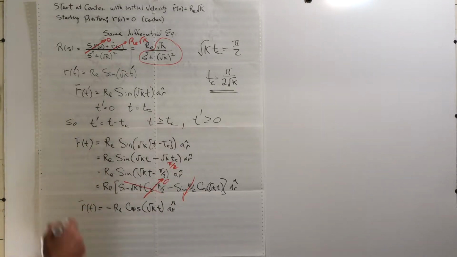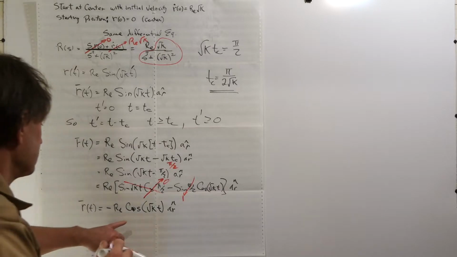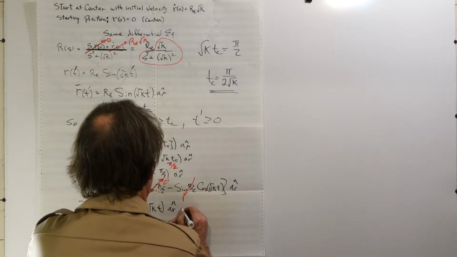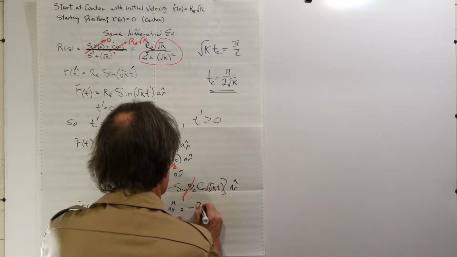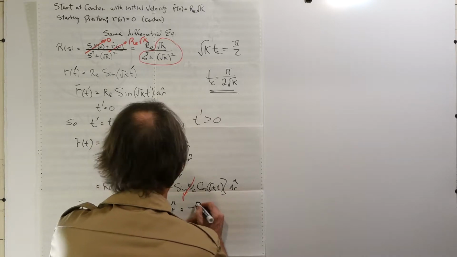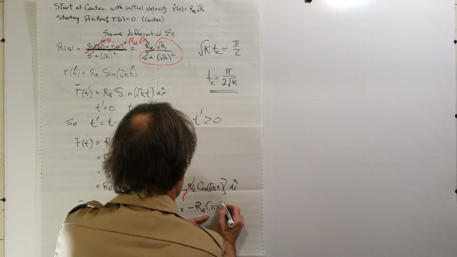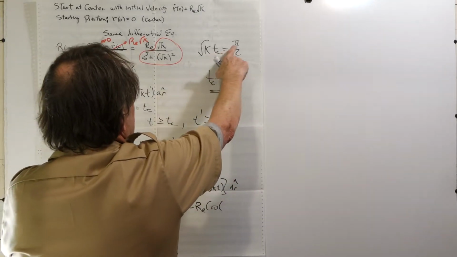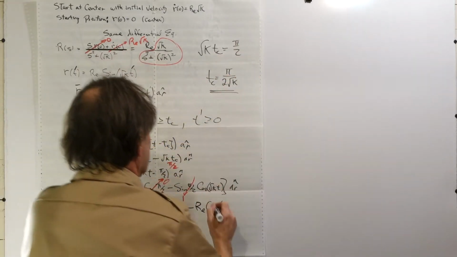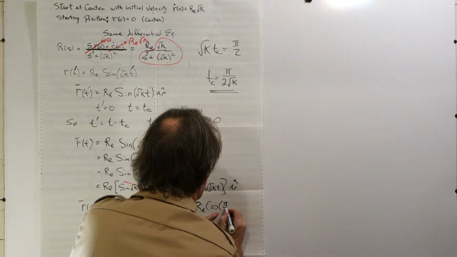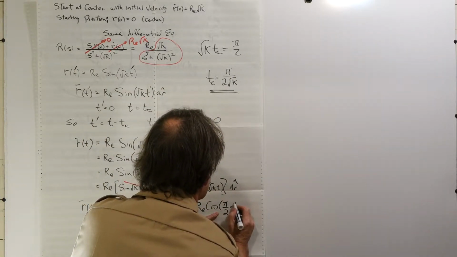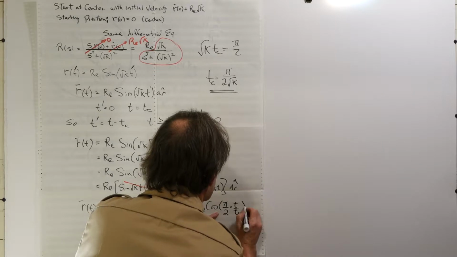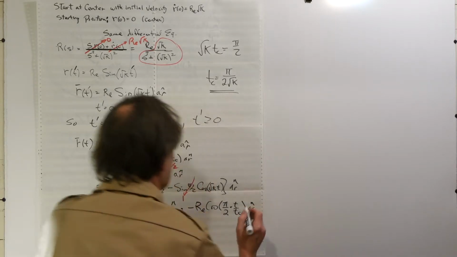And we can write this also in this form as minus the radius of the Earth times the cosine of pi over 2 times t over tc, since the square root of k is just pi over 2 tc, in the a_R direction.